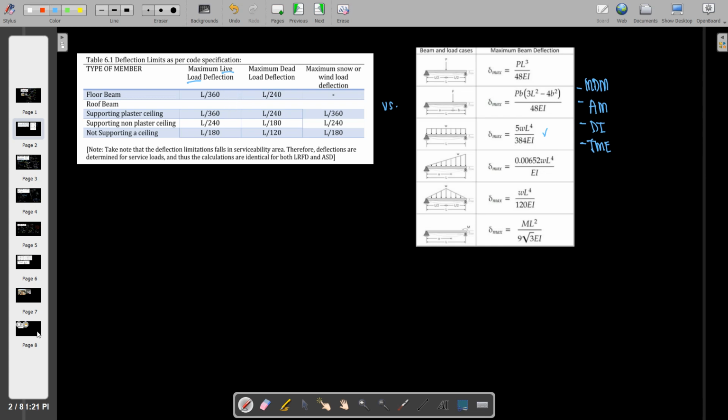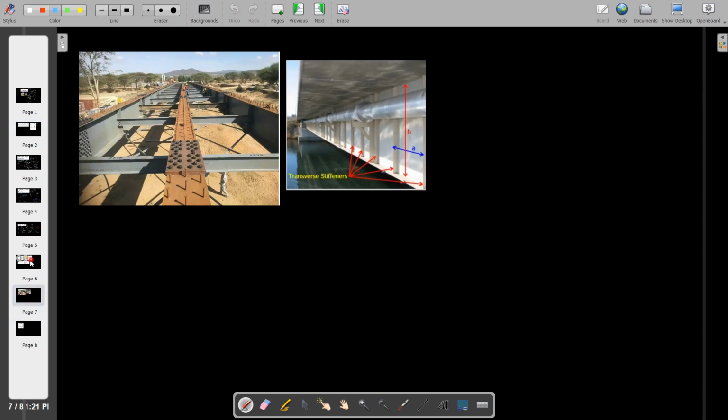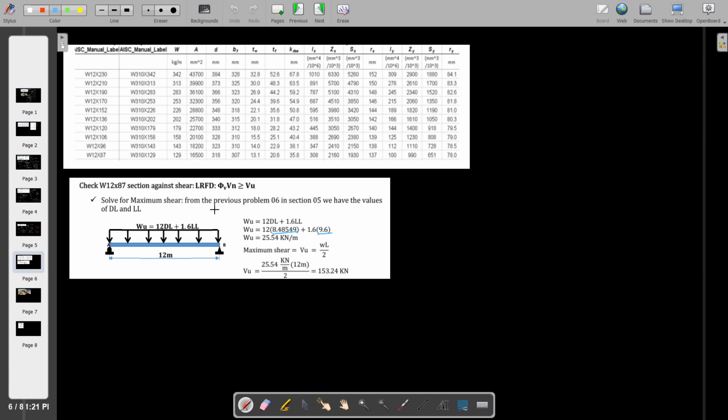But in here, we have the values, of course, what the maximum deflection is this one. Deflection maximum L over 360.